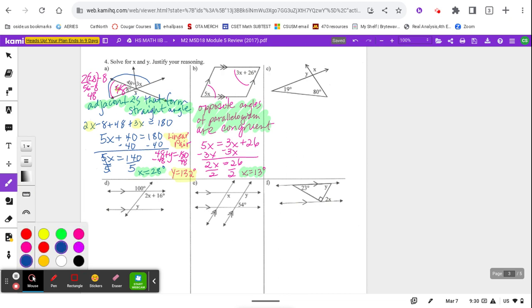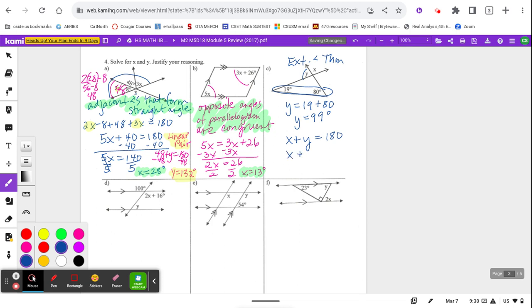Okay, on the next one, let's solve for y to start. Y is an exterior angle. And I know that the exterior angle is equal to the sum of the remote interiors. I just had to add 19 and 80. And then to get y, I'm just going to do linear pair. Sorry, I already knew y.